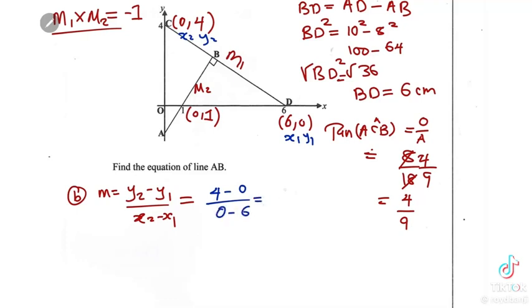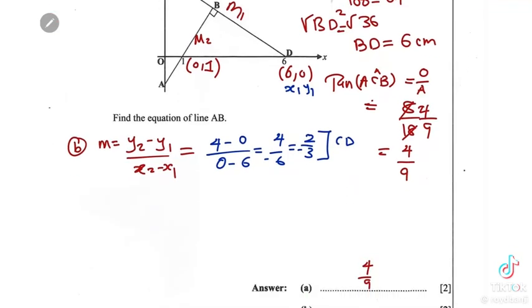So this is going to give us 4 over negative 6, which reduces to negative 2 over 3. This is the gradient for CD. Now, since they are perpendicular to each other, we need to find the gradient of AB.